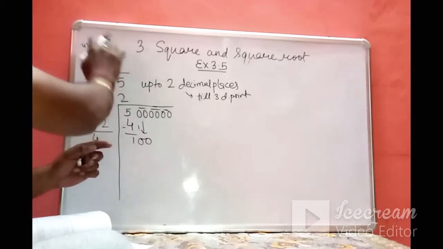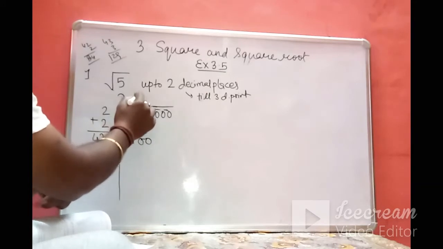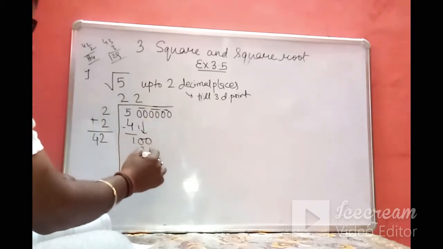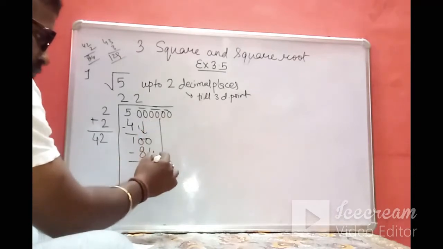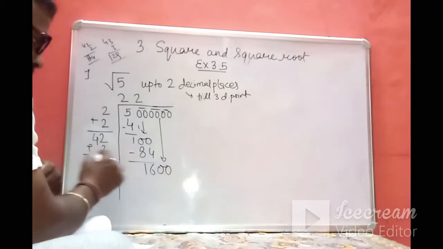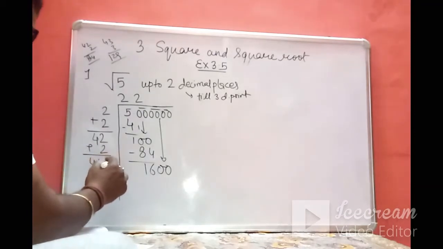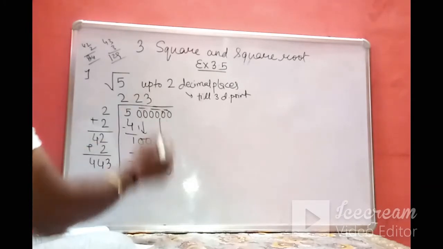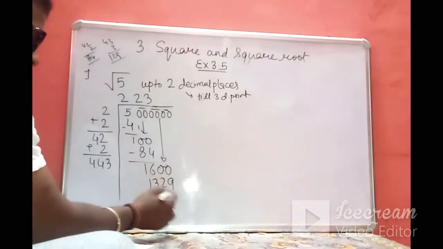So this is larger, so I will take 42, 84. Then again we will subtract, we get 16. Then one more pair will come down, and this 2 will come here. It becomes 44. Now I will write 3 here.